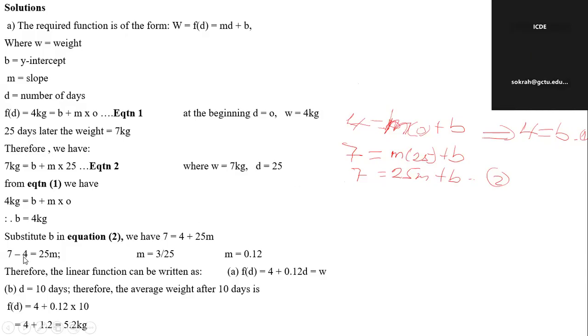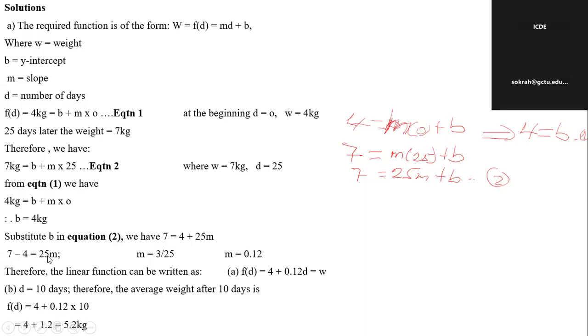So we have 7 minus 4, that gives us 3. And so we have 3 is equal to 25M. We divide through by 25. So we have M being equal to 3 divided by 25.